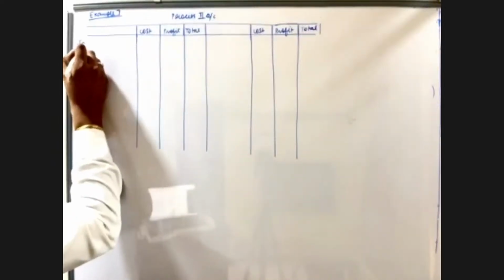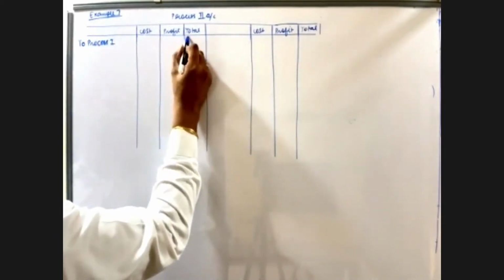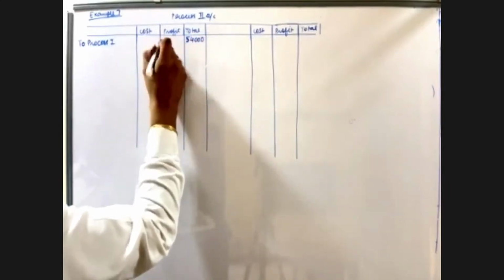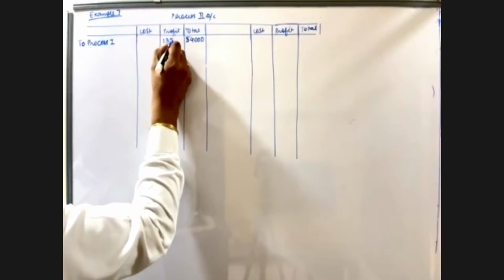Now, from process first, the total was 54,000. Next is 13,500.